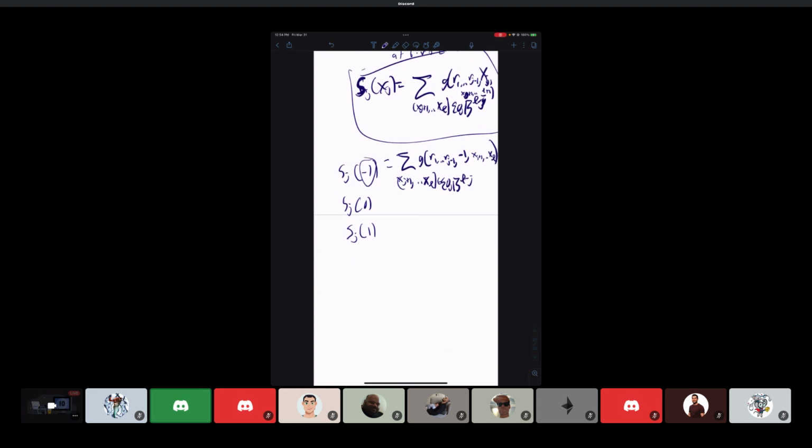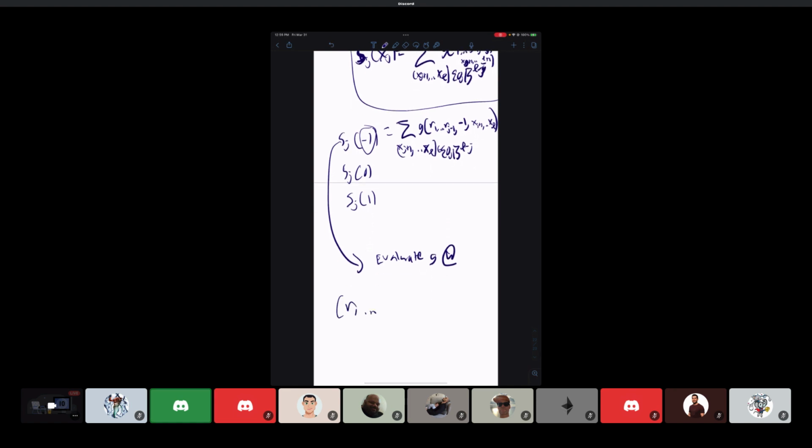Which means you can compute this as long as the prover evaluates G at all points of the form r_1 up to r_{j-1}, comma, -1, comma, B, where B ranges over {0,1}^(l-j).